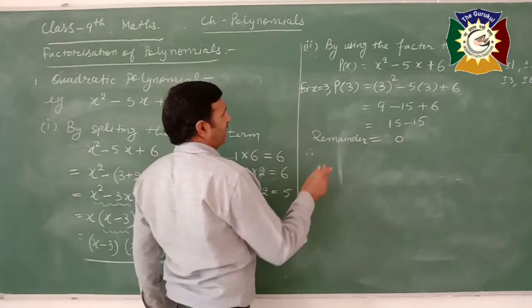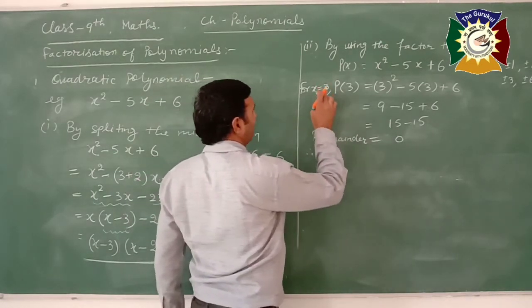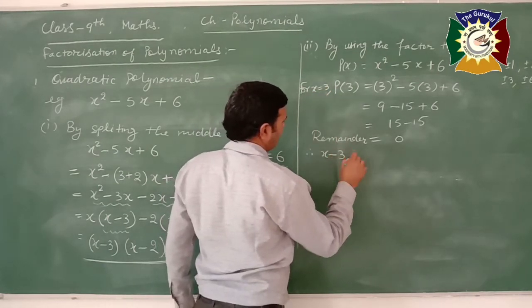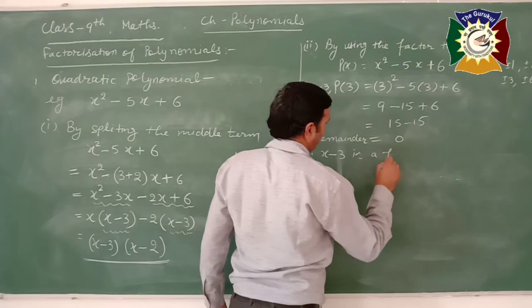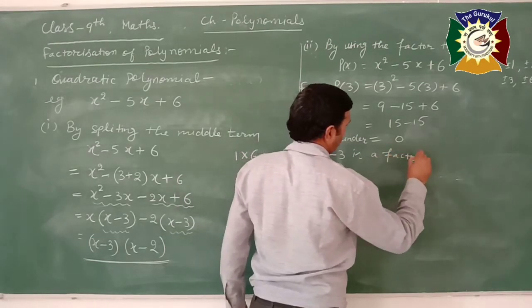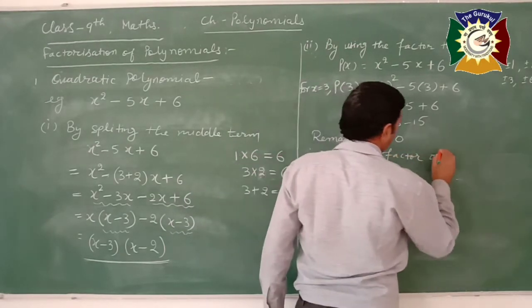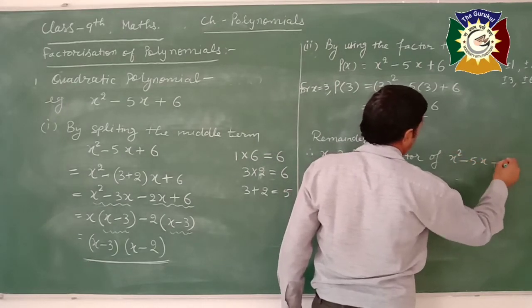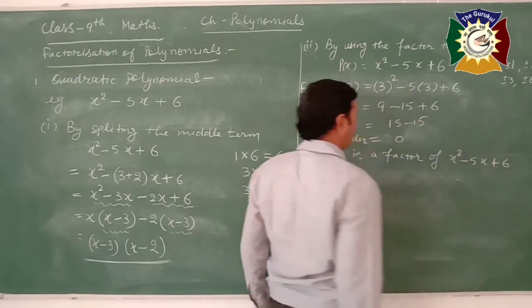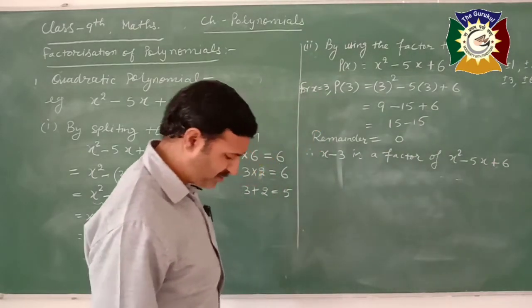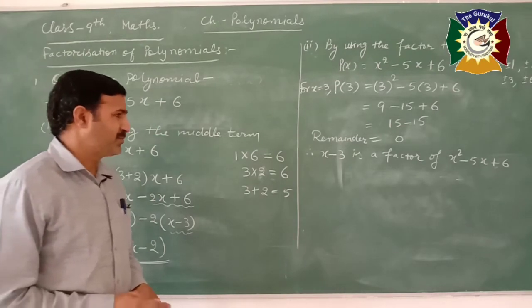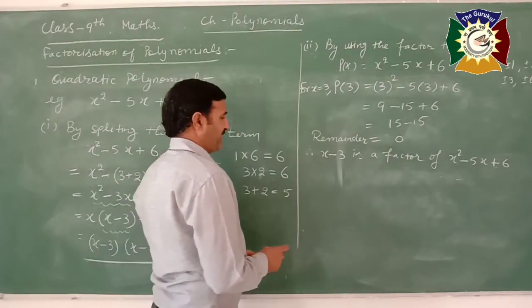Therefore we can say with this value we got the remainder 0. So x minus 3 is a factor of x square minus 5x plus 6. One factor we got. The degree of the polynomial is 2, so there is one more factor of this polynomial, and we have to find that factor.